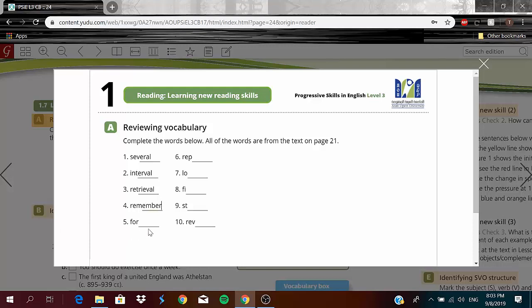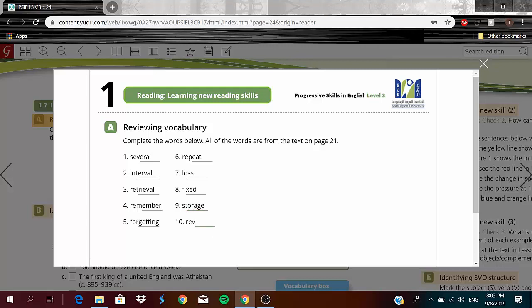And then 4, ironically, the word remember here, like I just said it. And 5, I could say forgetting or forgotten, both are correct. Then we have 6, repetition or repeat. I'll just write repeat. And then we have 7, loss, and 8, fixed. 9, I think I could say store or storage, so I'll write down storage.